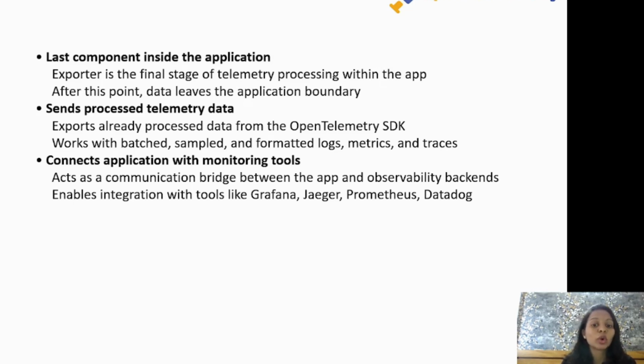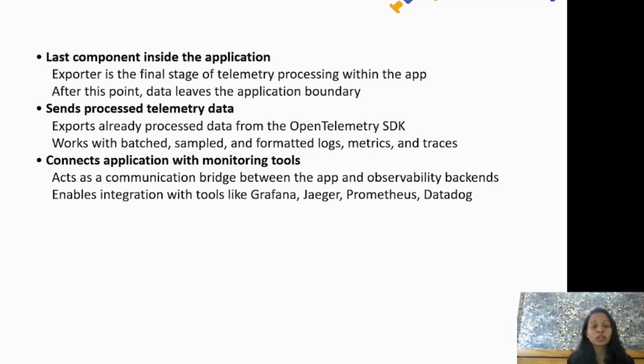The exporter does not modify meaning, it just delivers. You can think of the exporter as a bridge, application on one side, monitoring tool on the other side. This design keeps the application lightweight and fast.